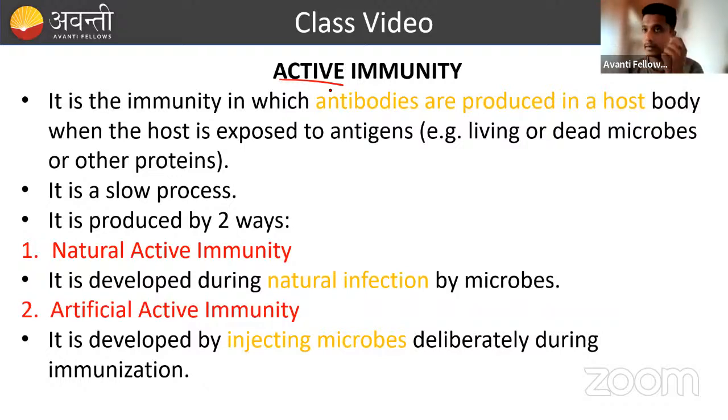Now, by the process of primary and secondary responses, our body will produce memory cells, and based on these memory cells, they will be able to develop a specific antibody and a specific cell-mediated immunity to act against this particular antigen.